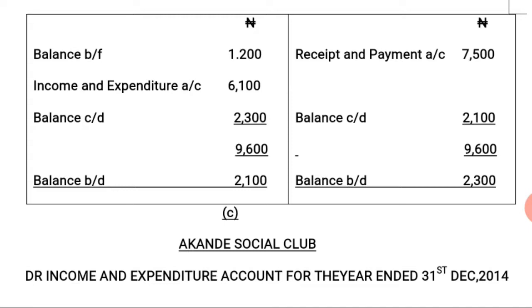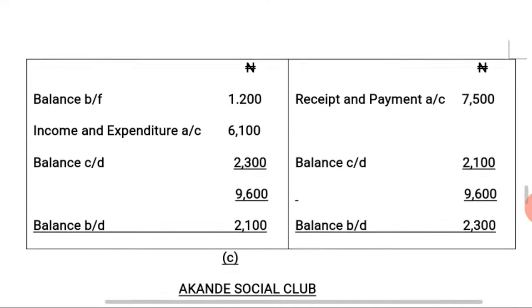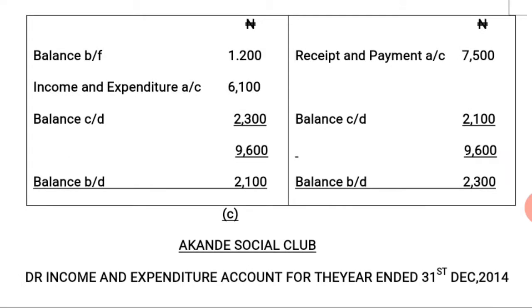So as you can see, we have balance brought forward 1,200 naira, we have income and expenditure account 6,100 naira, we have balance carried down of 2,300, we have total of 9,600 on the debit side of our subscription account. Then we have receipts and payments 7,500 and balance carried down of 2,100. Added to it, we have 9,600 on both sides.